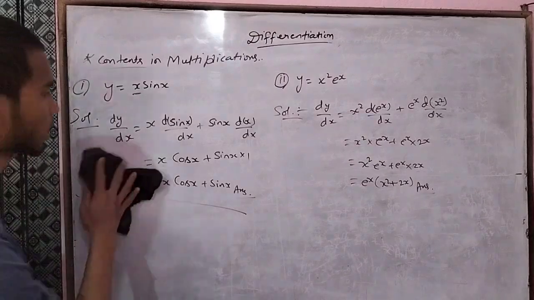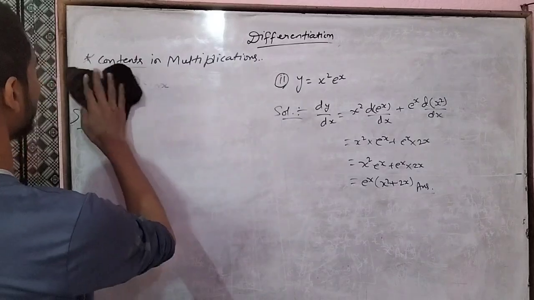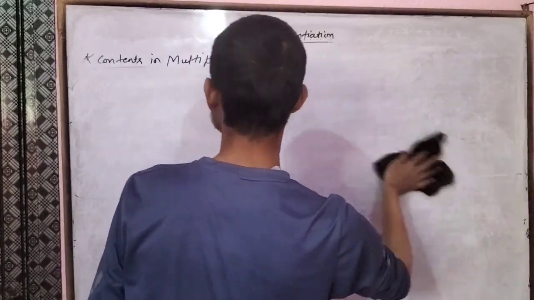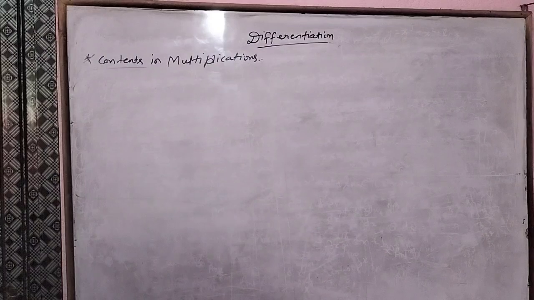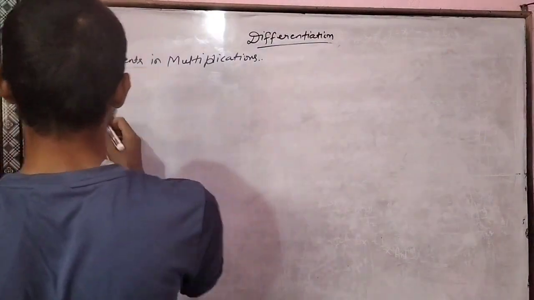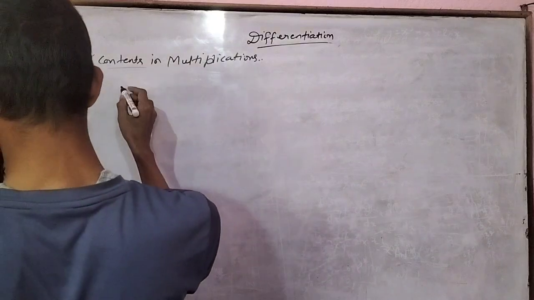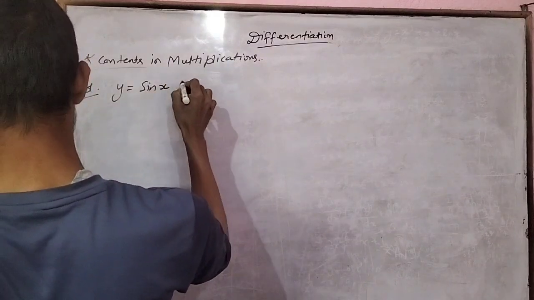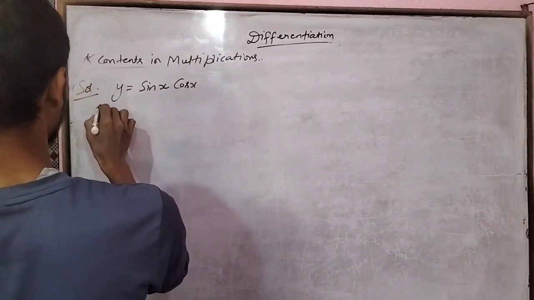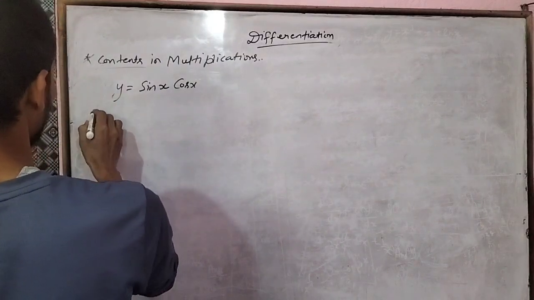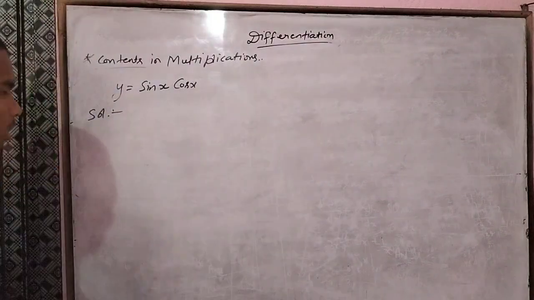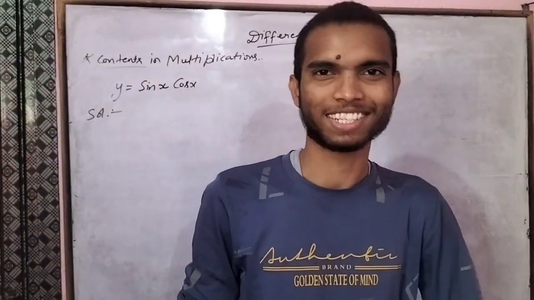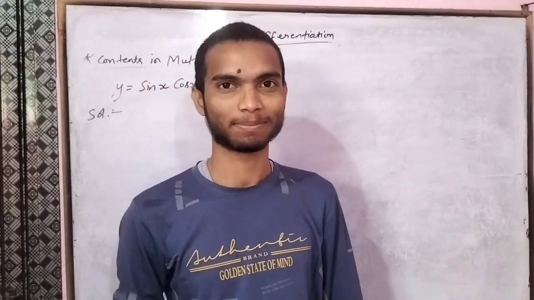Okay, I am going to take next. Here, cos x and sin x, which are trigonometric.